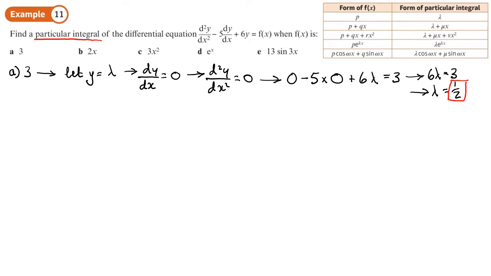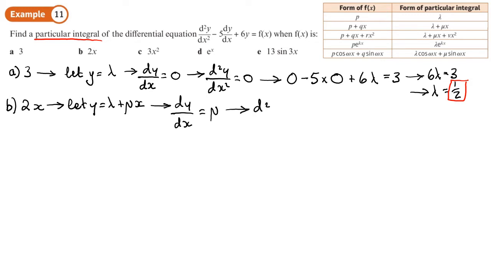So part B, this time I have f of x equal to 2x. So I'll look at my table till I've memorized it. It's this form. So I will say let y equal lambda plus mu x. I differentiate that. So dy dx is going to be mu.